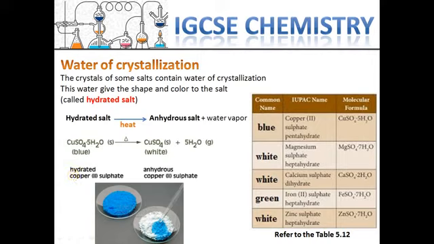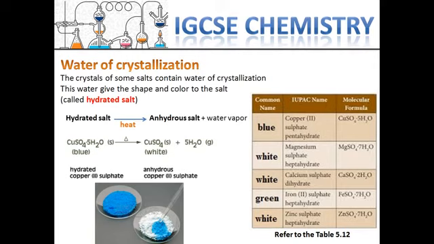And also you can see here in the pictures, this is hydrated salt, or I mean copper based salt. When they lose the water they become a white color, and again you can add water and change the color, and also you can make a crystallization shape.